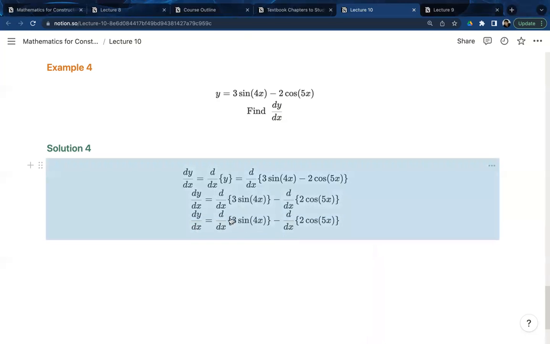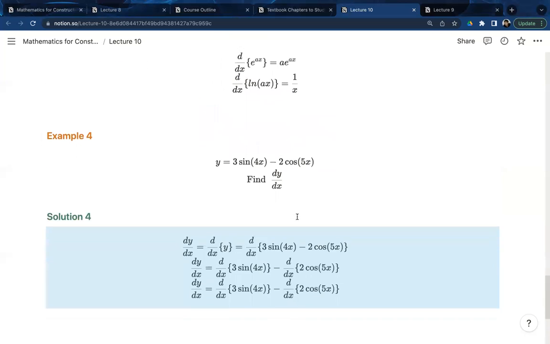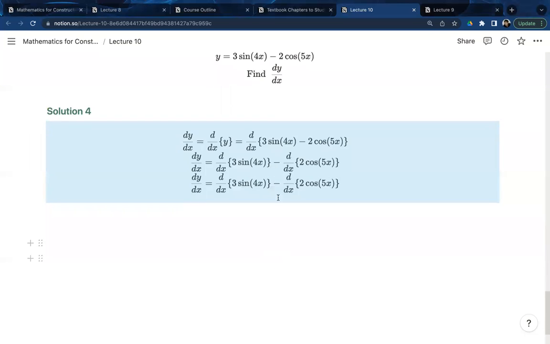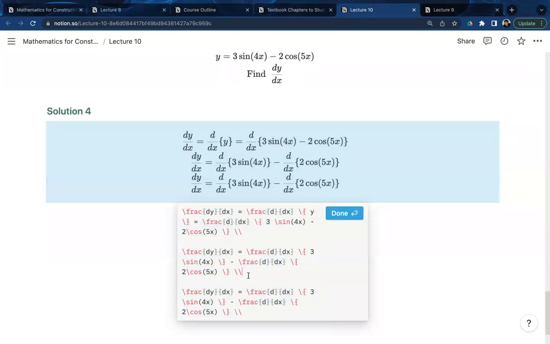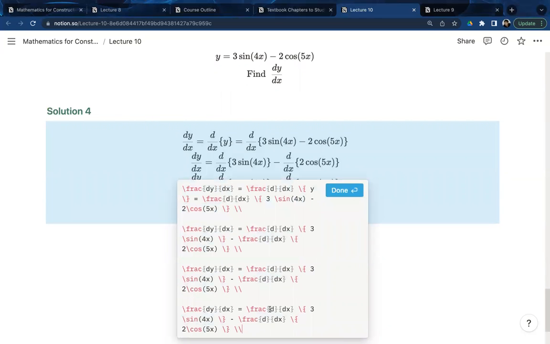So what's the derivative of 3 sine 4x? Well, the rule, the derivative of a sine is a cosine. And we know the number in front of the function, we could take it out. Right? So let me take it out, put it on the outside. I will put the 3 on the outside.